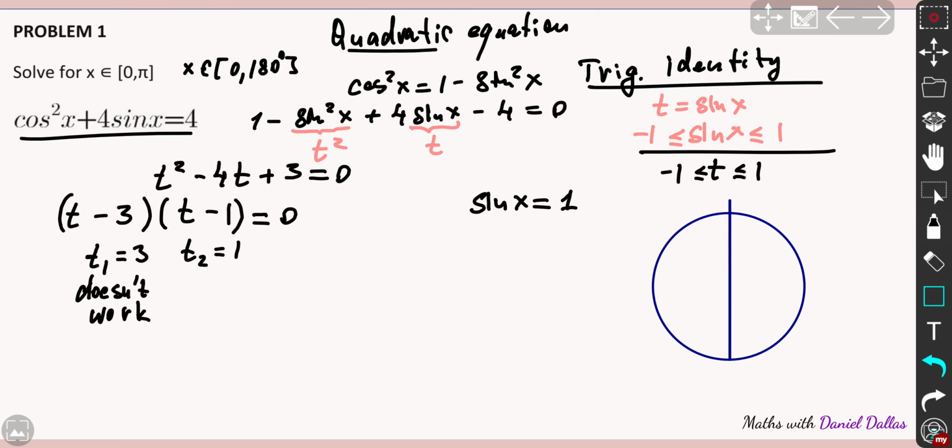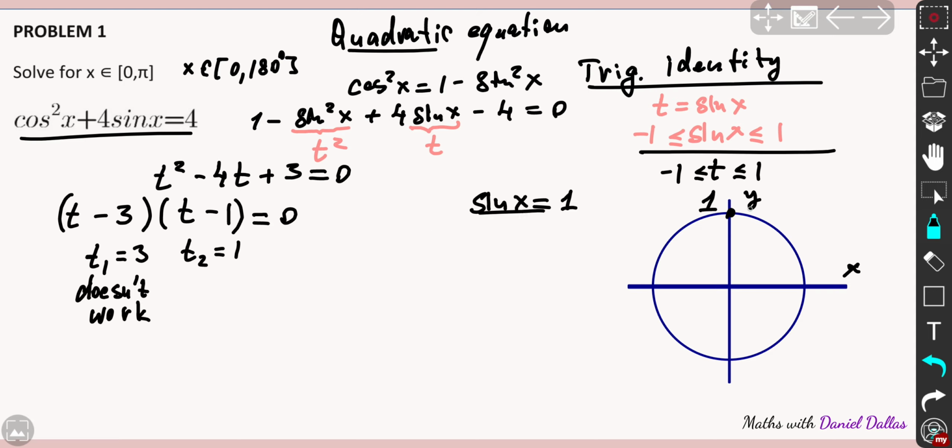But I'll show you for those who are still struggling with the unit circle. So let's say that's the unit circle. This is the y-axis and this is the x-axis, and we know that sine x is the vertical value during rotation of the radius position vector in the unit circle, so that we can get sine x to be 1.